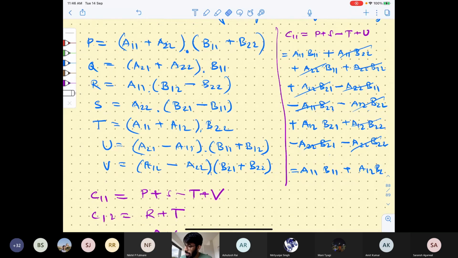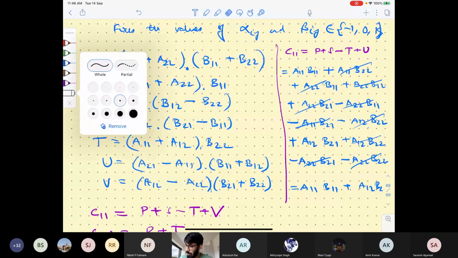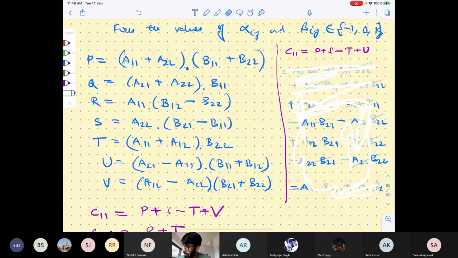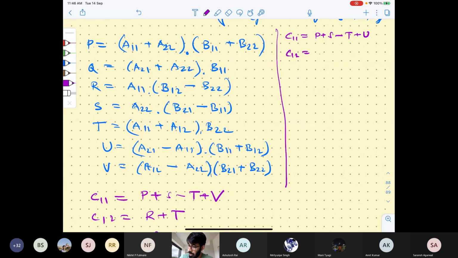Okay. So similarly, this happened for C11. And we have some time, so we can check a couple more. So this is what we wanted, C11's value. Now you want C12, let's say, is equal to R plus T. This should be simpler.